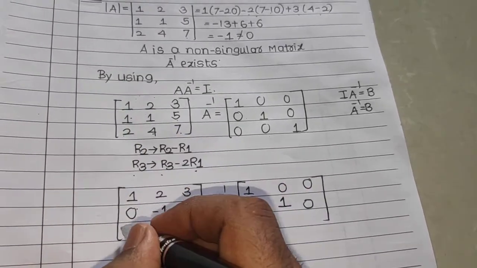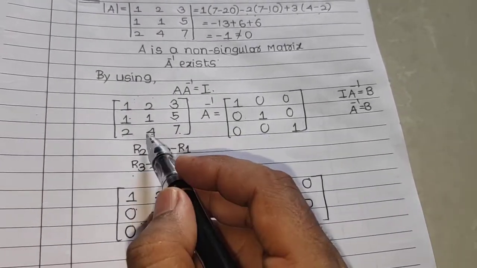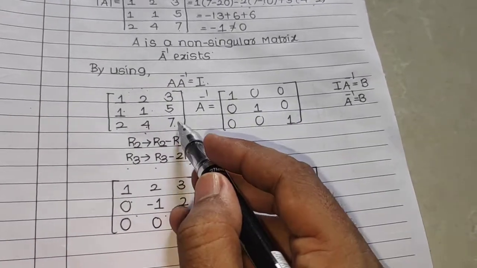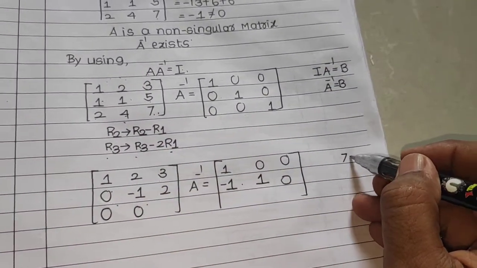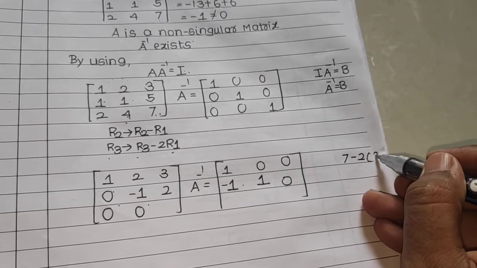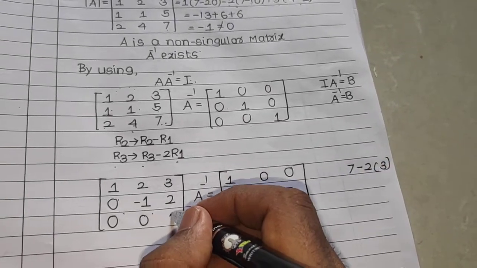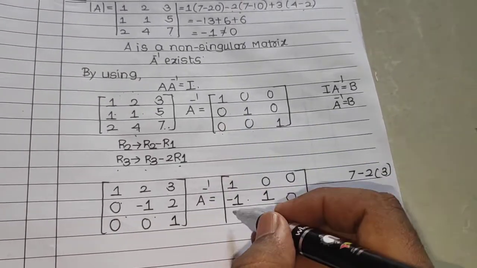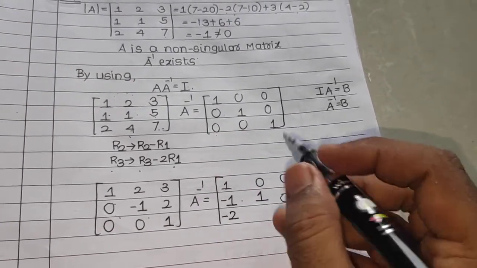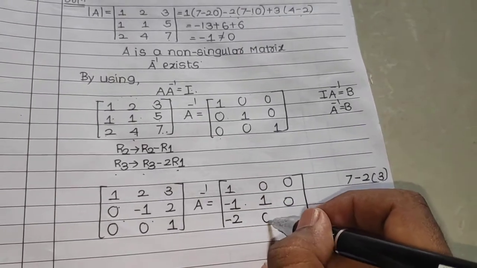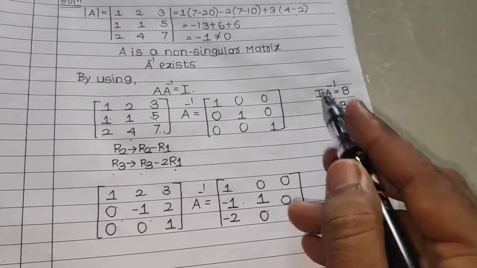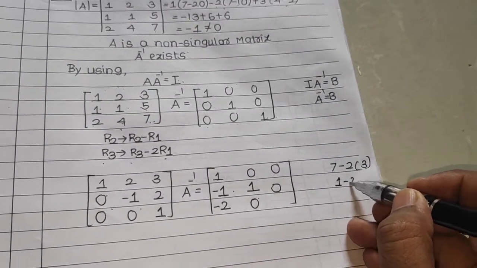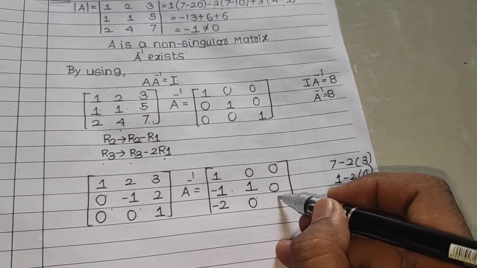So 2 minus 2 will be 0, 4 minus 2 times 2 will be 0, 7 minus 2 times 3, so 7 minus 6 equals 1. 0 minus 2 times 1 will be minus 2. 0 minus 0. 1 minus 2 times 0 equals 1.